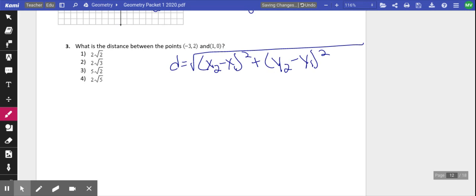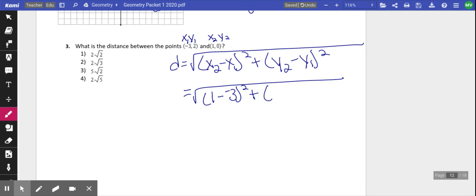Those 1s and 2s are just labeling, and since we're going to subtract and square, the order really truly doesn't matter. But up here in my point, I'm going to label this first point x1, y1, the second point x2, y2. So I'm going to do the square root of x2 is 1 minus negative 3 squared plus y2 is 0 minus y1 is 2 squared.